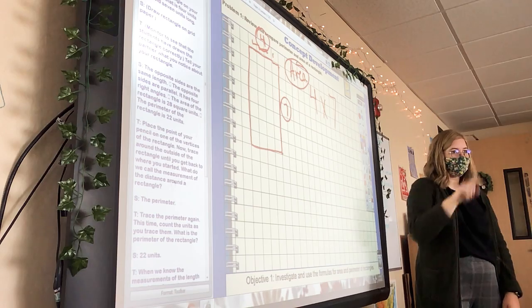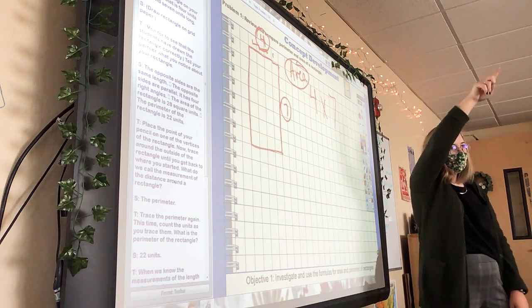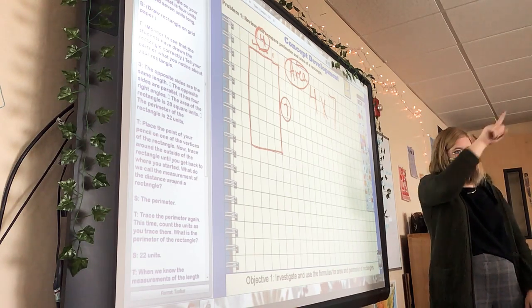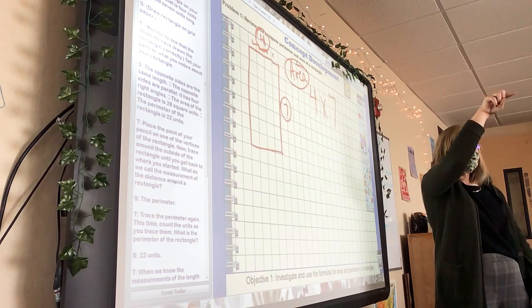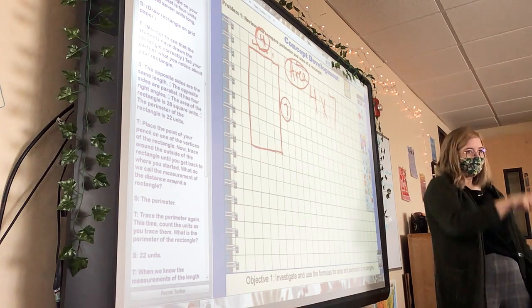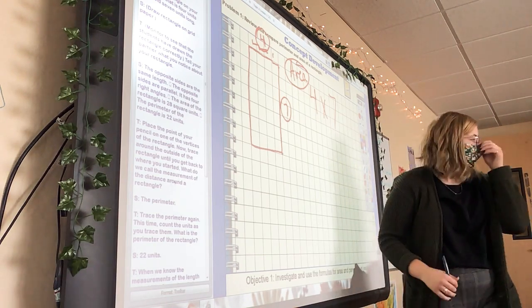I know it's a little tricky, but just draw a rectangle with your finger. You can do it. Start here. Down. Over. Up. Over. Right. Okay. Anybody's arm tired? Because mine is definitely.